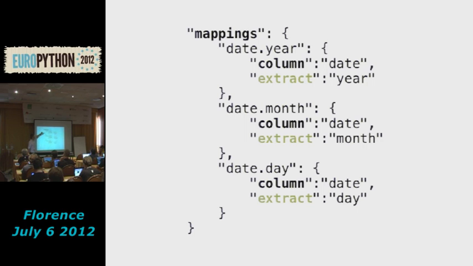So we specify, hey, this is going to be stored in a column date, and extract the year, extract the month, extract the day. So this is really easy if you are just starting and would like to play with that without needing to create a date dimension table, and it works just naturally.